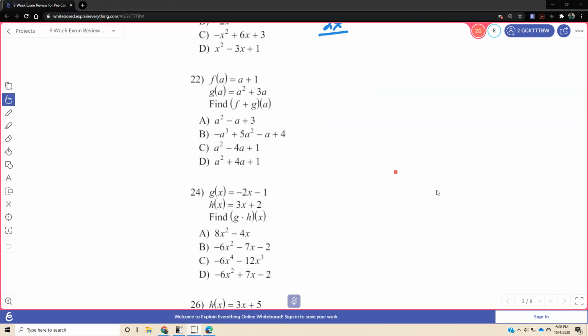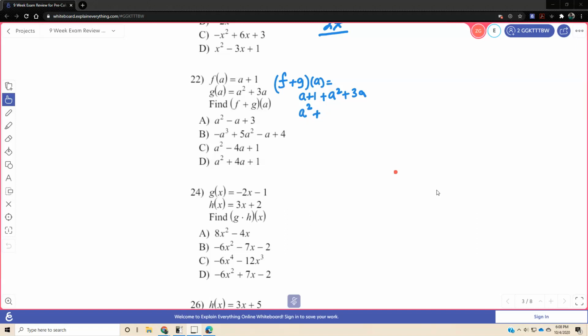Number 22, you have f plus g of A. So it's actually A plus 1 plus A squared plus 3A. So to write it in formal notation, the right notation, you have a standard form. A squared goes first.